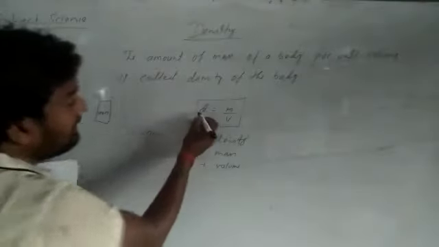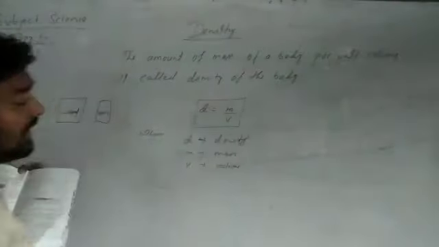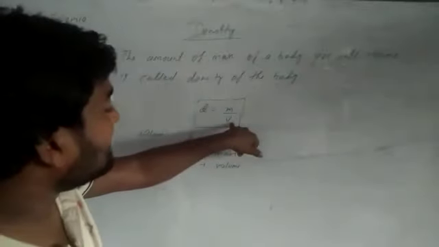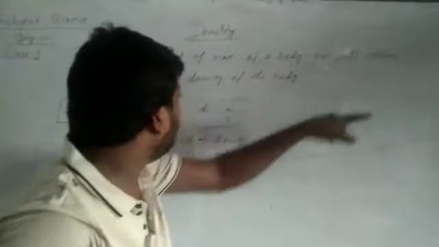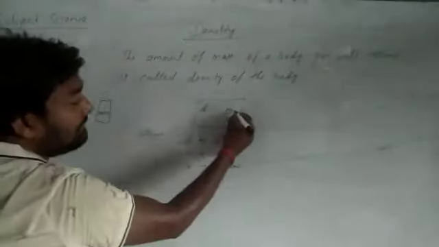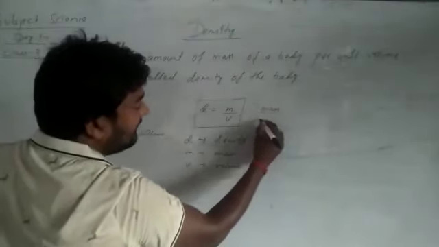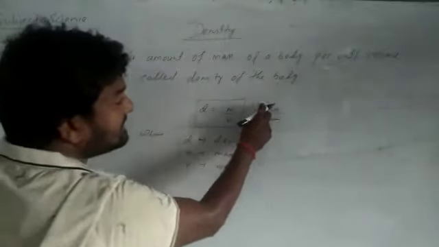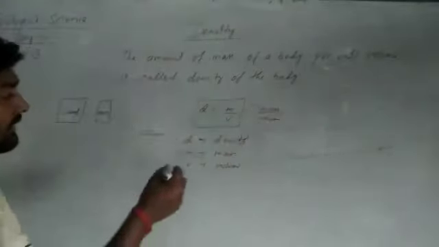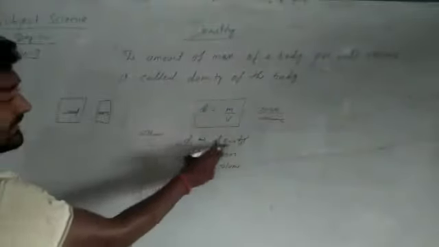If anybody asks how to define density, D = M/V, where D is density, M is mass, and V is volume. The amount of mass of a body per unit volume is known as density.